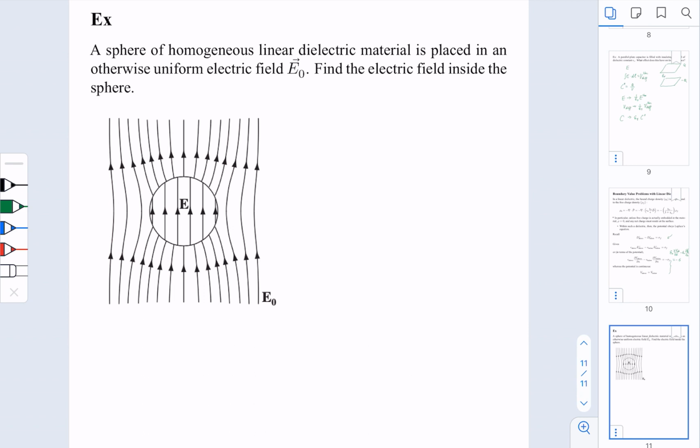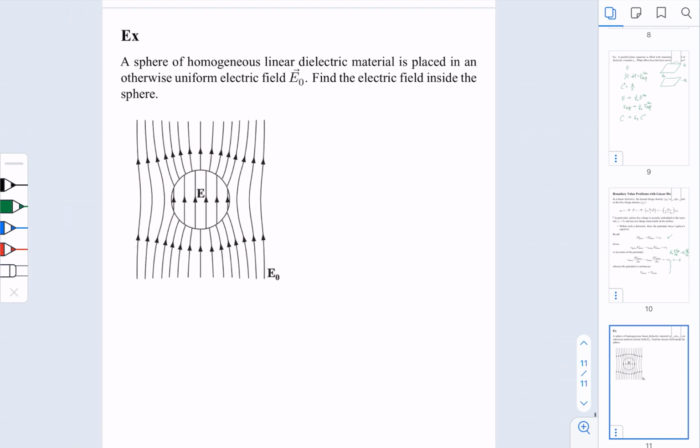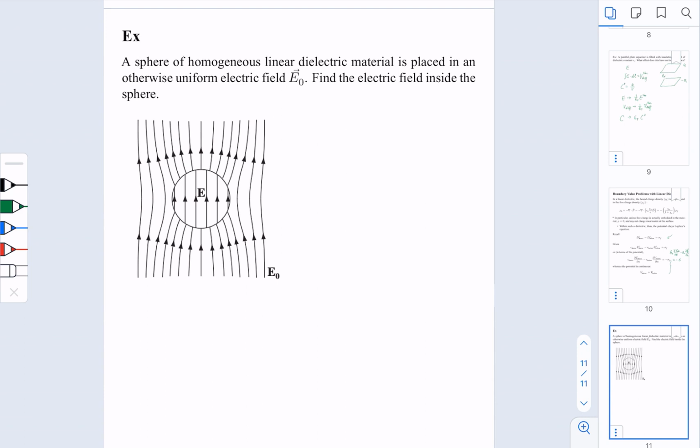The example is putting a dielectric sphere inside an otherwise uniform electric field E.